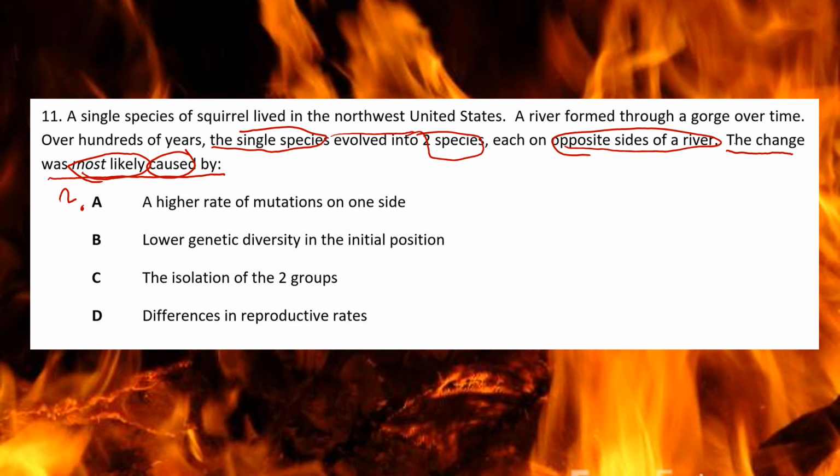I don't believe that just because I have a lower genetic diversity when I split the two species across the river, that's going to cause two species to develop. So I don't think this sounds right. This would not cause one species to divide into two species.